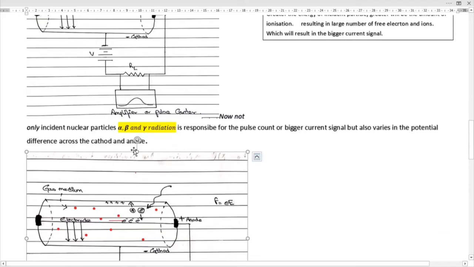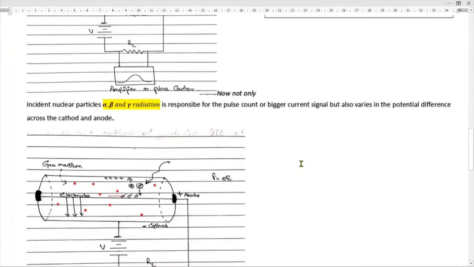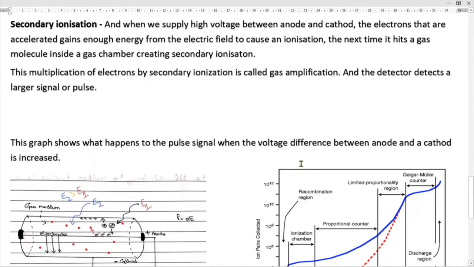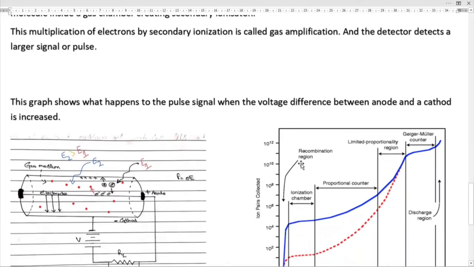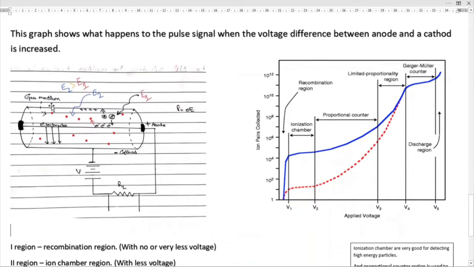Now, moving on to the details, not only the incident particle alpha, beta, gamma is responsible for the pulse count or bigger current signal, but it also depends on the potential difference between cathode and anode. So this graph shows what happens to the pulse signal when the voltage difference between anode and cathode is increased. The gas chamber shows different characteristics when the voltage difference is varied.